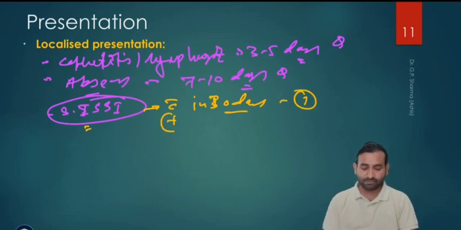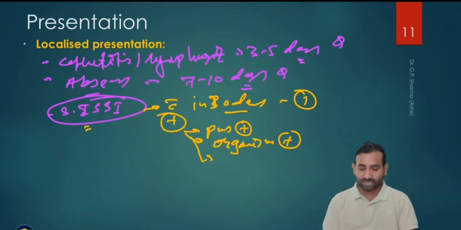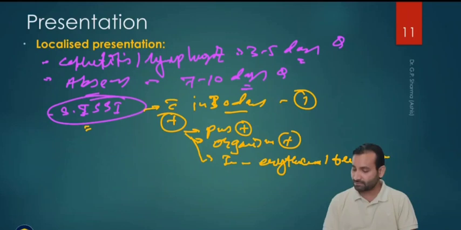Plus, it should present with any one of the following: it should be pus positive, or organism positive in the culture, or there should be signs of inflammation like erythema, tenderness, or pain.